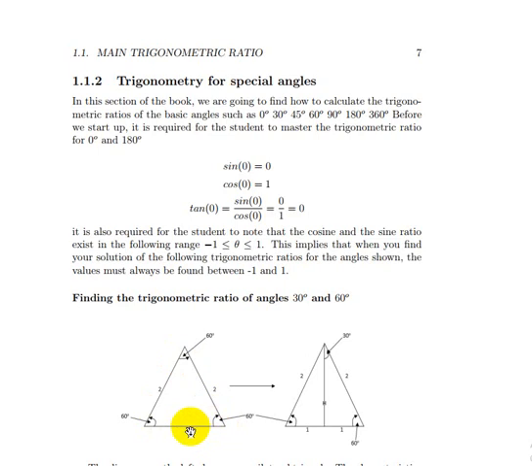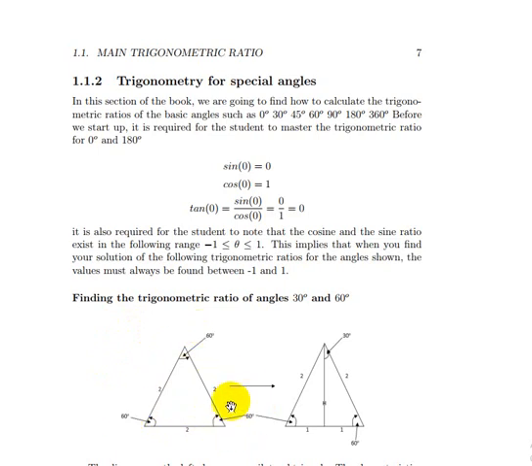Let's say I consider the length of each side to be 2. Since the sum of all the angles is 180, 180 divided by 3, because I have 3 angles, gives 60. So here you have 60 degrees all around.